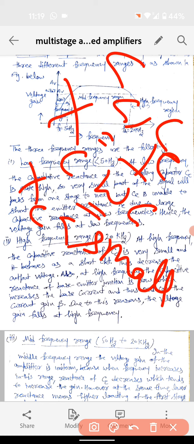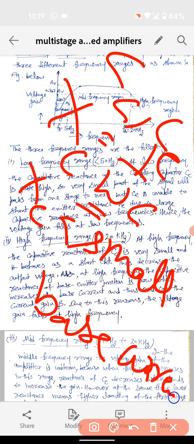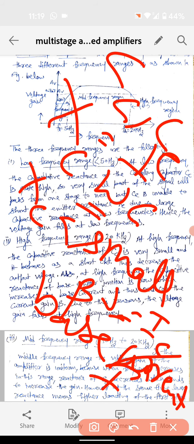Also at high frequency, the capacitive reactance of the base emitter junction will also be very small, due to which the base current will increase. Base current increases, that means beta gets decreased, because what is beta? Beta is IC over IB.